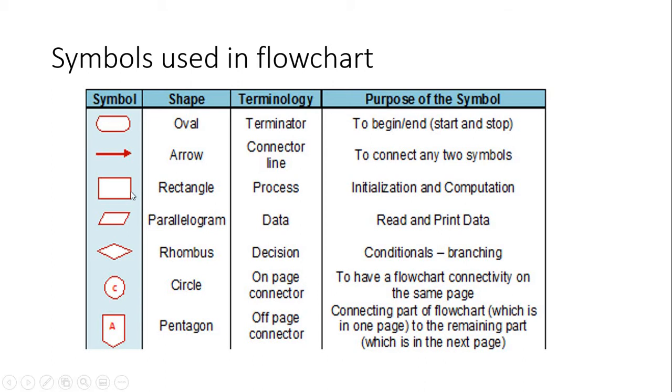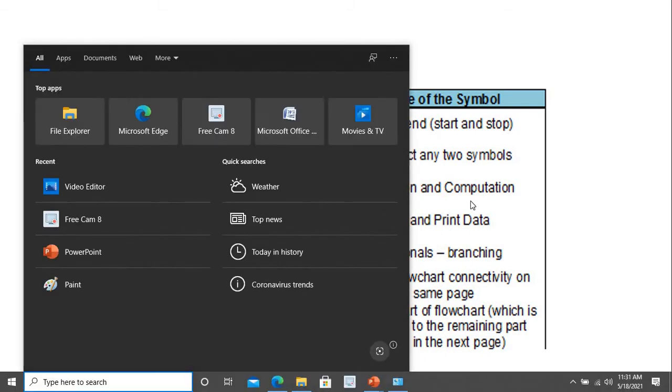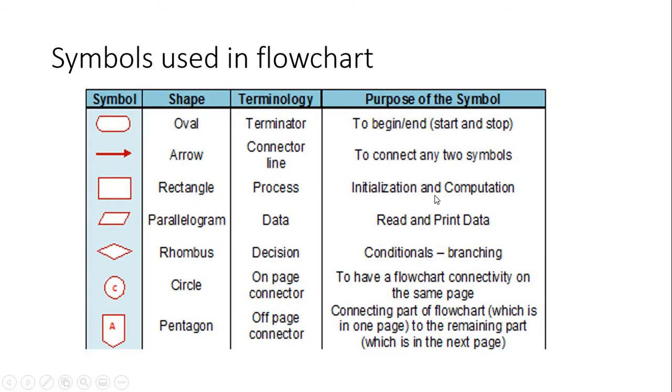The next symbol we have is the rectangle, which is also referred to as the process symbol, and the use of this symbol is initialization and computation. Initialization is nothing but assigning a value to some variable or a constant, and computation indicates the calculations.